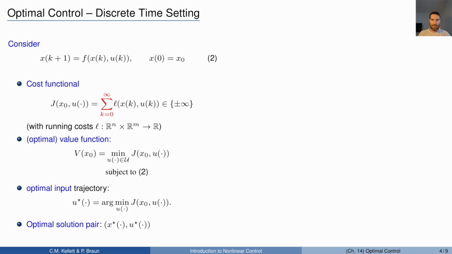The same statements can be made in the discrete time setting, where the only thing we have to replace is the integral going from 0 to infinity with a sum going from k equal to 0 to infinity, and of course replacing the continuous time argument t with the discrete time argument k here. But the remaining definitions as shown over here remain the same.